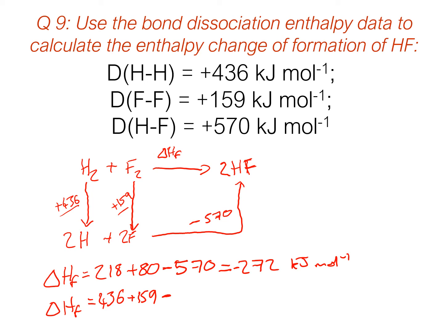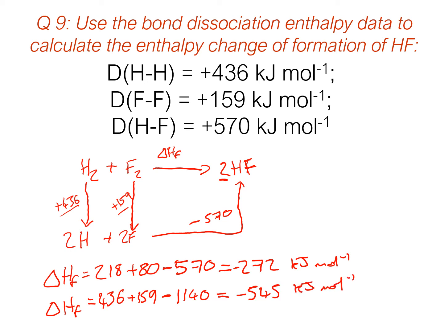Now remember, we're doing it 2 times because we're making 2 moles of HF. So minus 1140. And if we plug this into the calculator, it gives us minus 545 kilojoules per mole.